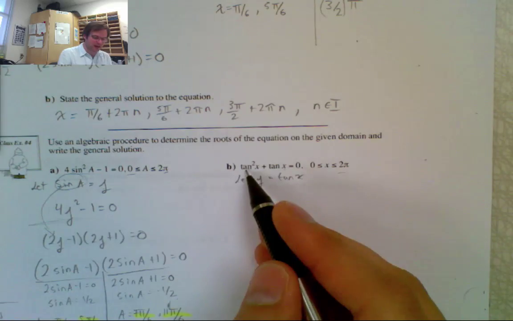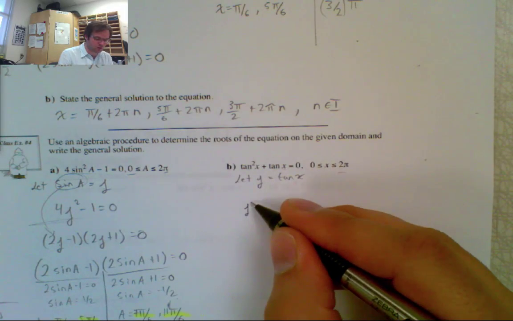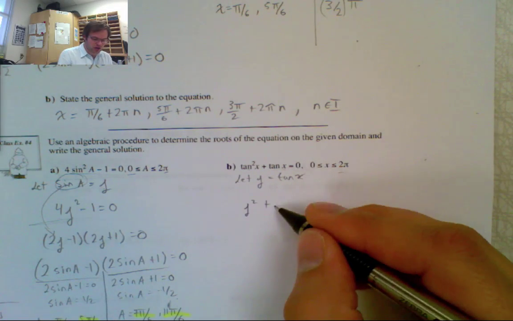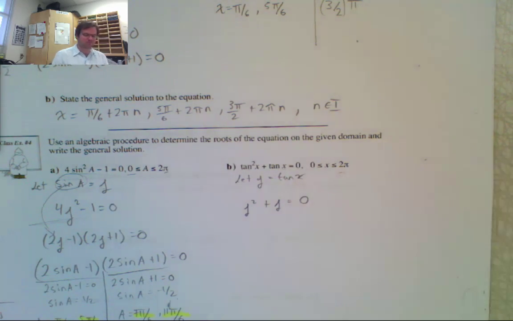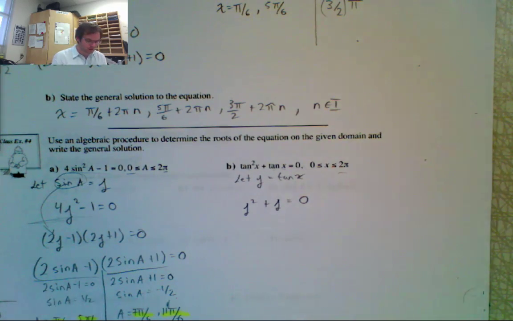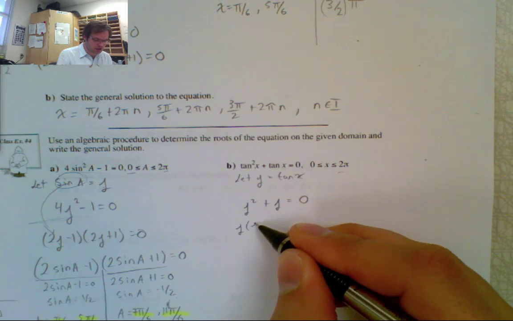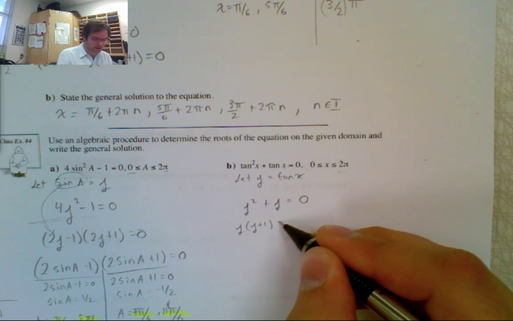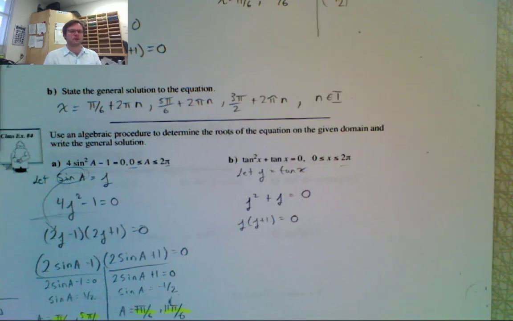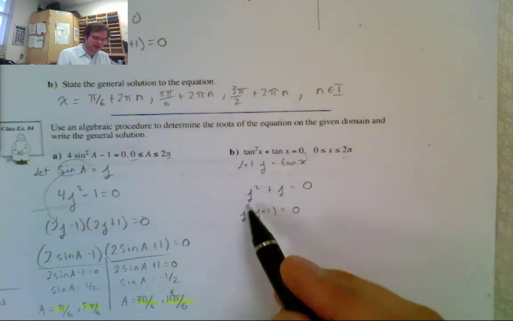So every time I have tan x, I'm going to put in j. So we're going to have j squared plus j is equal to 0. All right? Now we can factor out a j. We get j multiplied by j plus 1 is equal to 0. Right? So now let's put back in tan x for j.